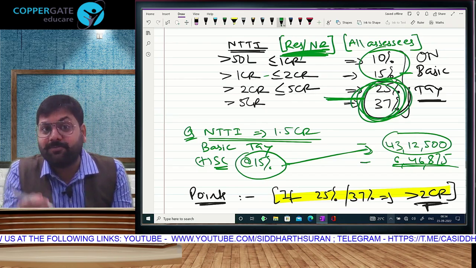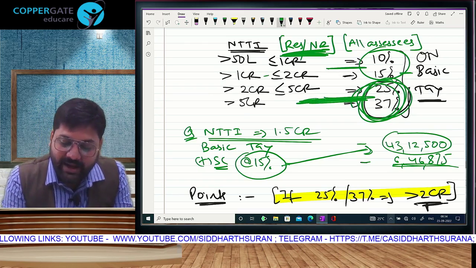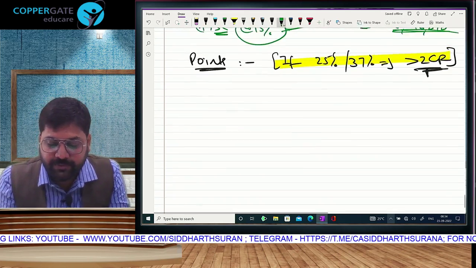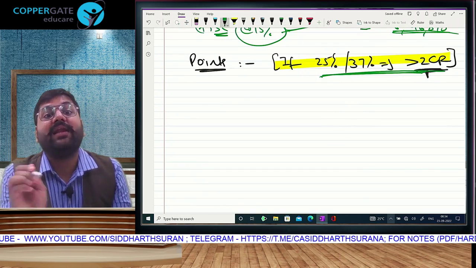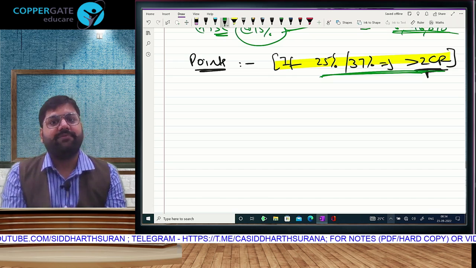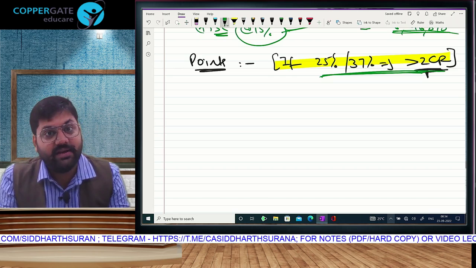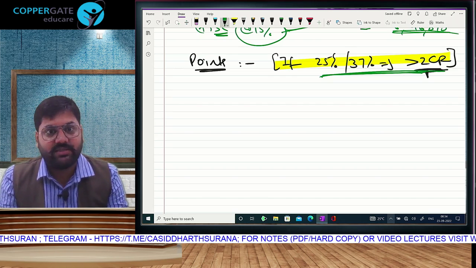So auntie is bringing a relaxation for these people. Those who are paying at 10 and 15 will continue to pay. These points are not applicable for them. These points are applicable only for people having income more than 2 crore, because they are the only ones who fall in 25 and 37. Are we very clear on this? Because if you don't understand this, you will not understand what is happening after this.